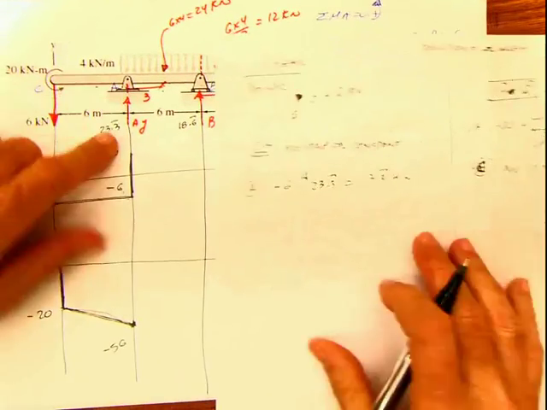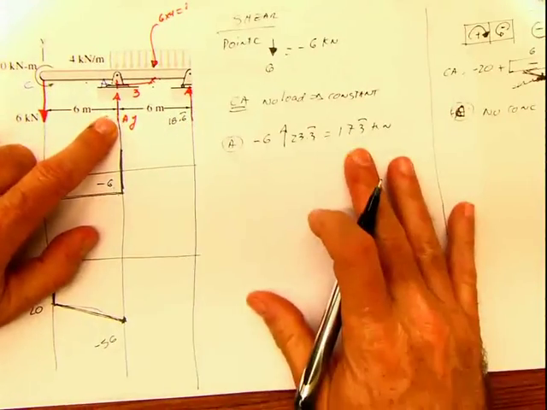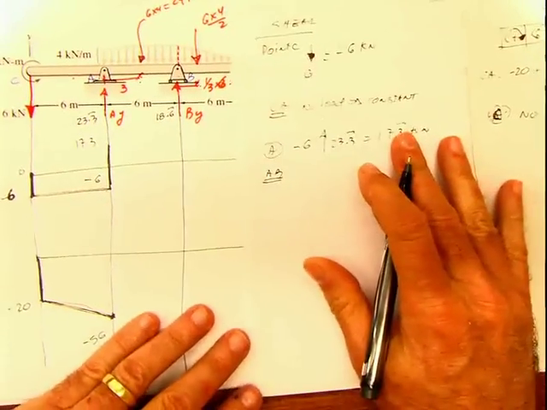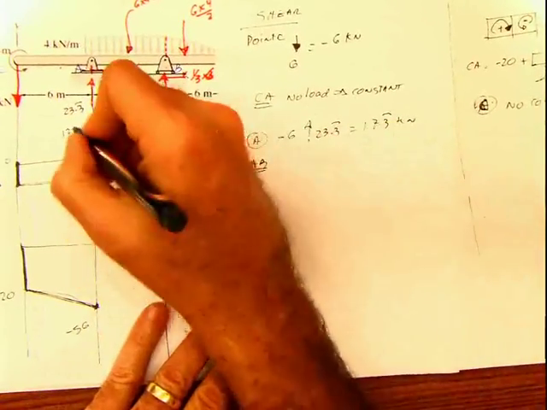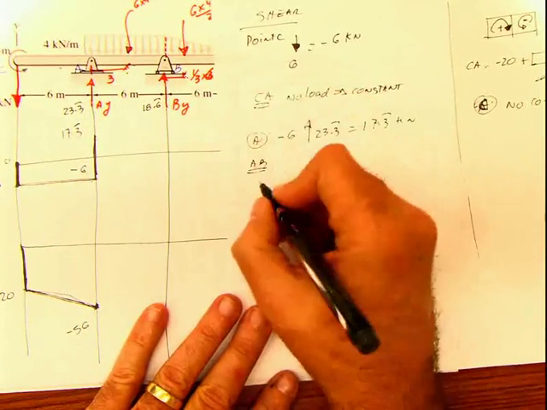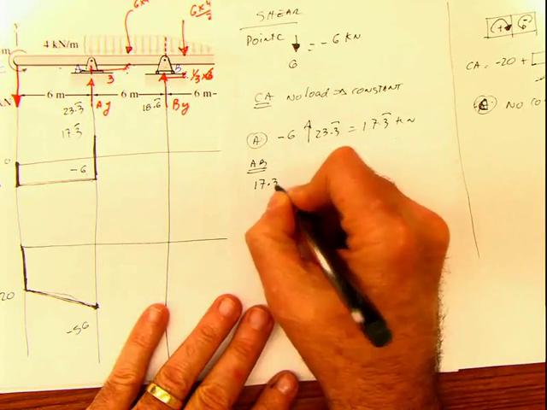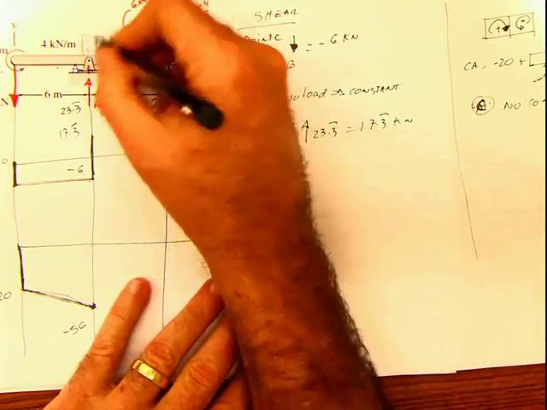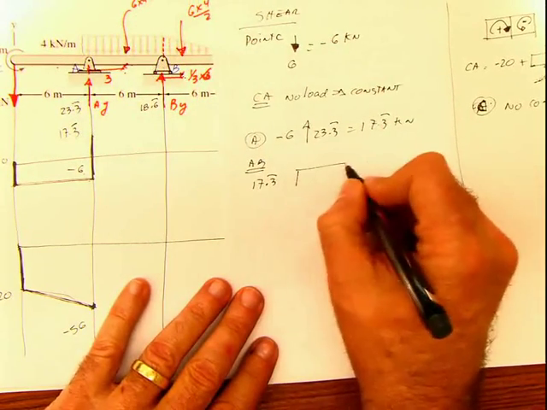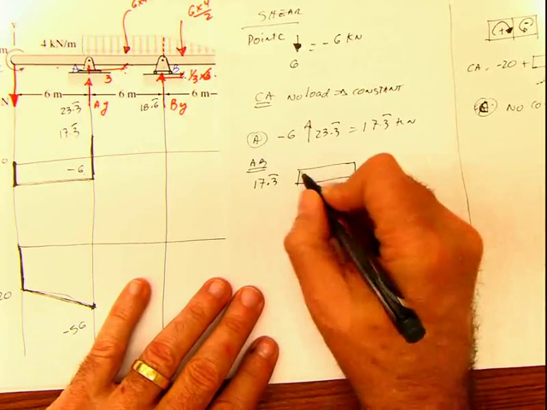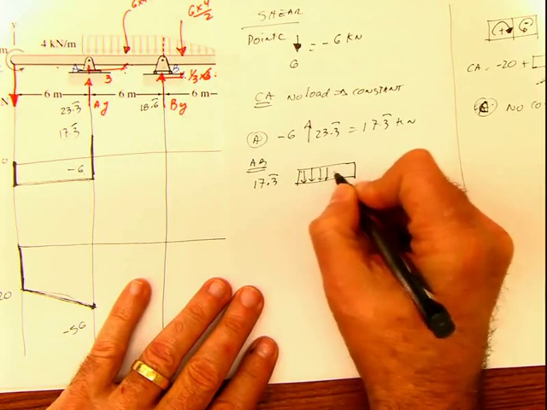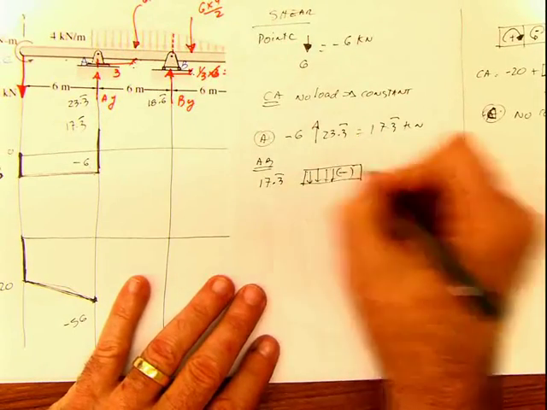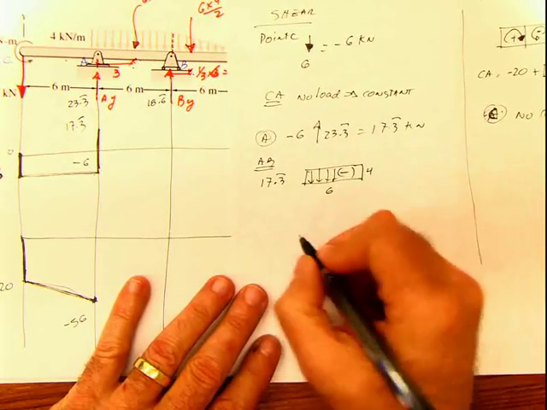And then we go to AB, and when we go to AB for the shear, I find this 17.3 value that we have here, and then I have this area. This area, remember, is a negative area because the arrows are coming in this direction that make it negative, and the area is 4 times 6.